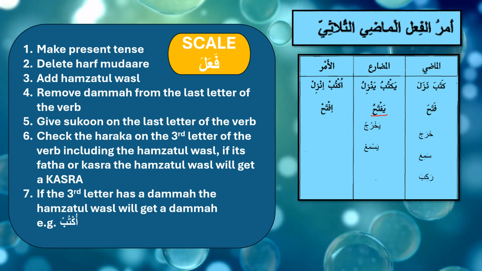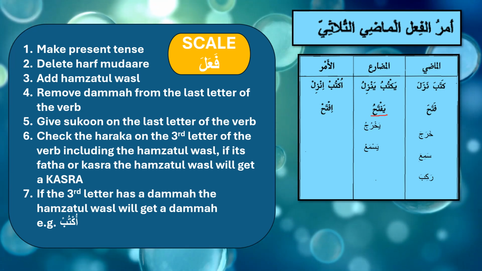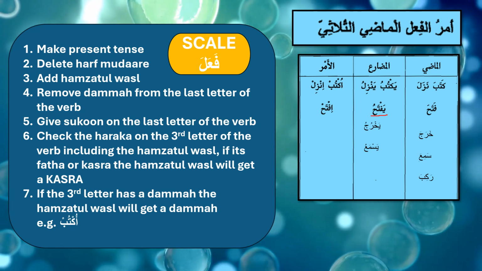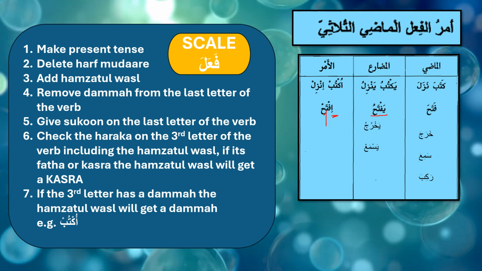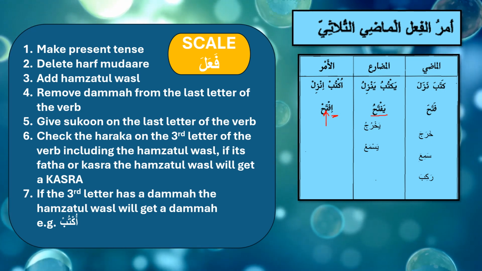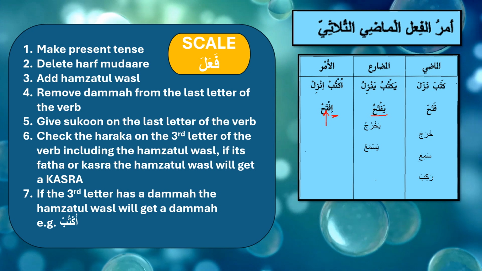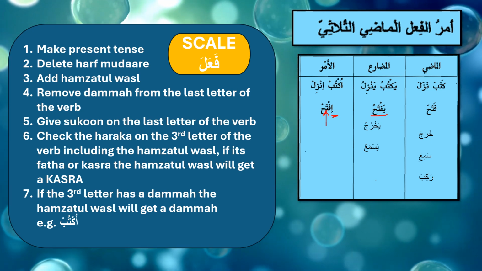Check the harakas, and here you will have your amr as iftah. So why did the hamzatul wasl get a kasra? Check the third letter, which is the ta. It has a fatha. So the hamzatul wasl will have a kasra. Remember, if the third letter has a fatha or a kasra, the hamzatul wasl is getting a kasra only.